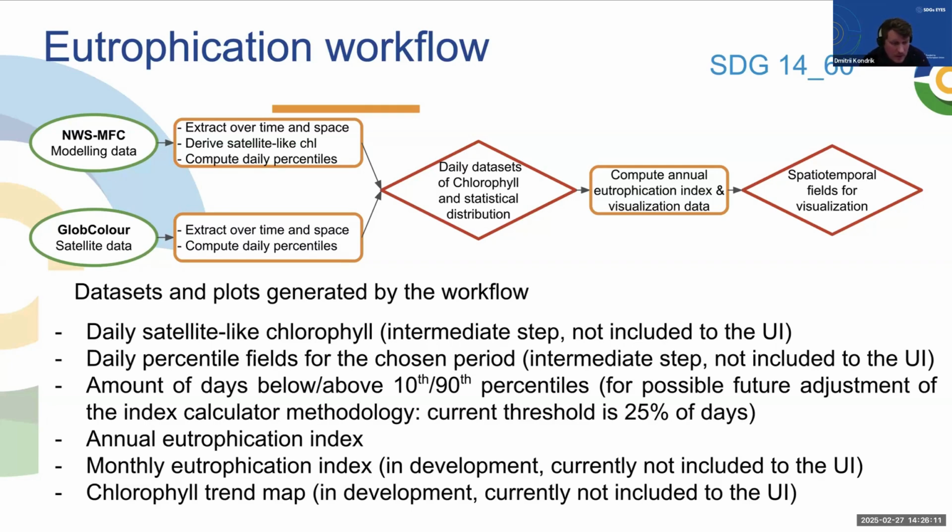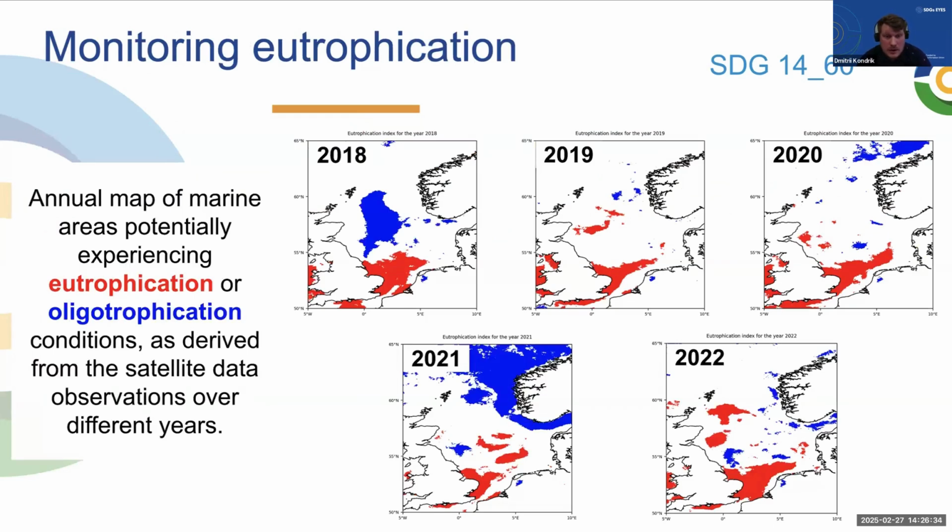So as a result, we finally get the annual eutrophication index, and now also in development we have the monthly eutrophication index, and also chlorophyll trend maps for the future implementation of the so-called NEAT index of eutrophication, which can be considered as an alternative representation of the eutrophication. So here are again some examples of the output maps from this workflow.